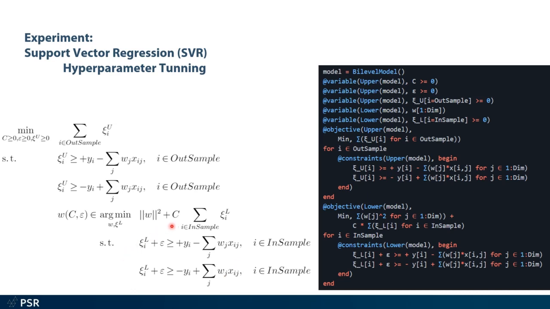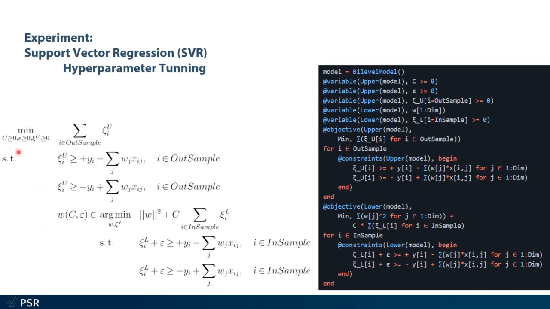Here, c and epsilon are constants in the lower level, and they are being optimized by being properly chosen in the upper level. So c and epsilon are actually variables of the upper level model, which also has the psi variables, psi u, which are measuring how good or bad is the choice of w that we did in the lower level.